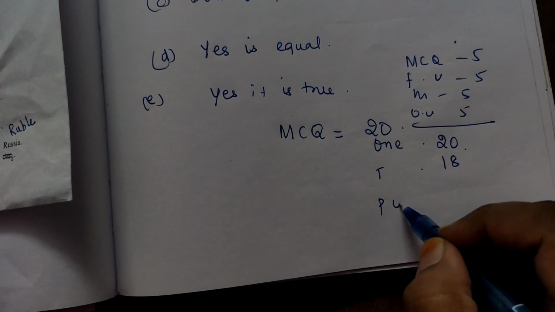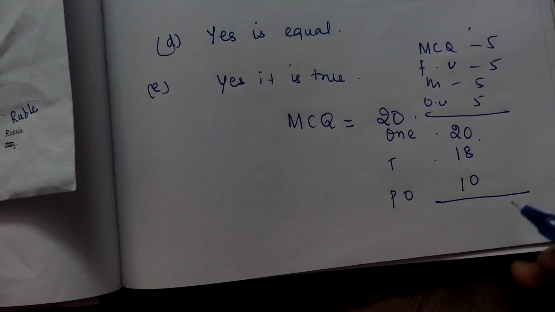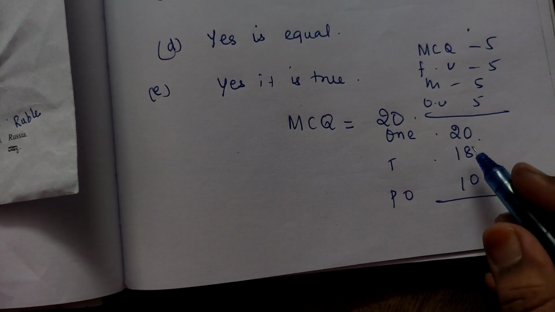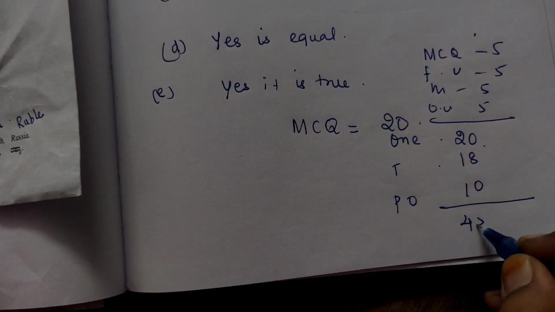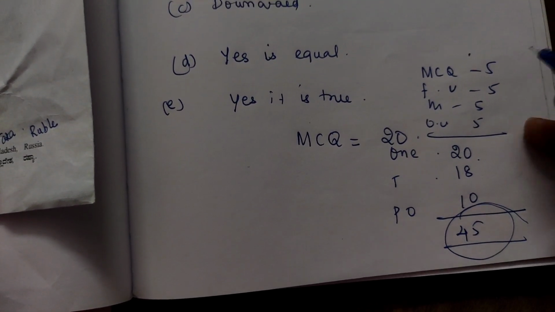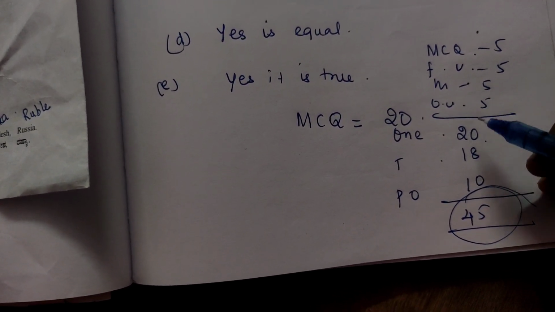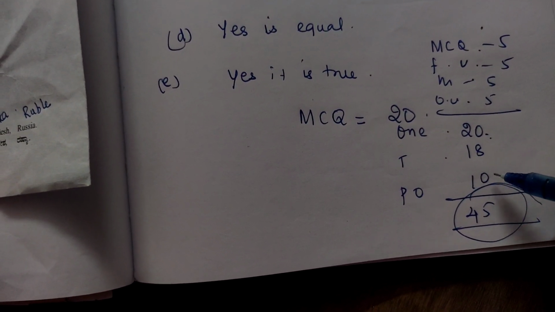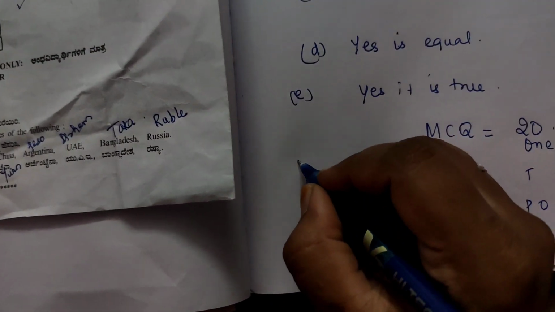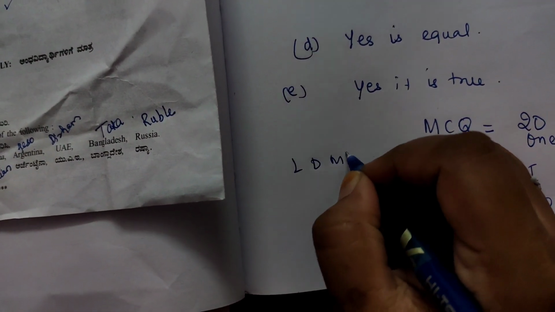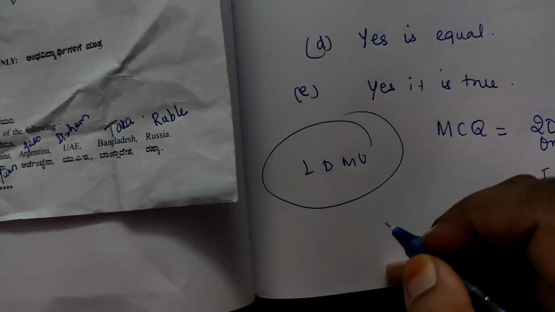After that, practical oriented 10 marks for sure. So easily you can get 45 marks by writing only MCQ, fill up, match up, one word, 2 marks, and practical oriented. Along with this, law of diminishing marginal utility is a very sure question.